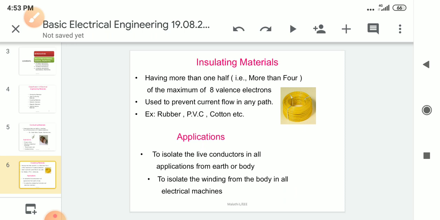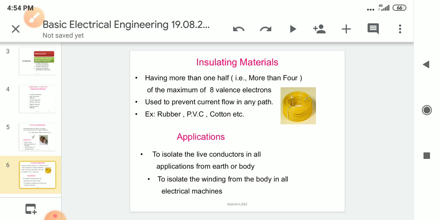Let's observe its atomic structure. It is having more than 4 valency electrons in the outermost orbit. So overall, the insulating material is used to prevent current flow in any path.